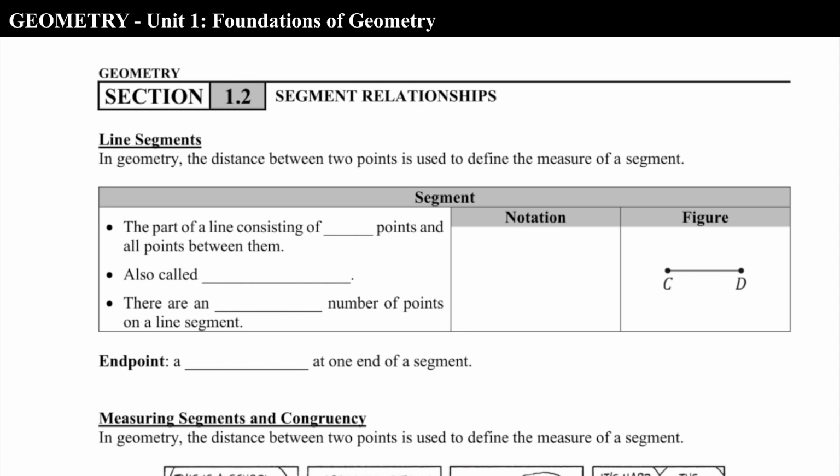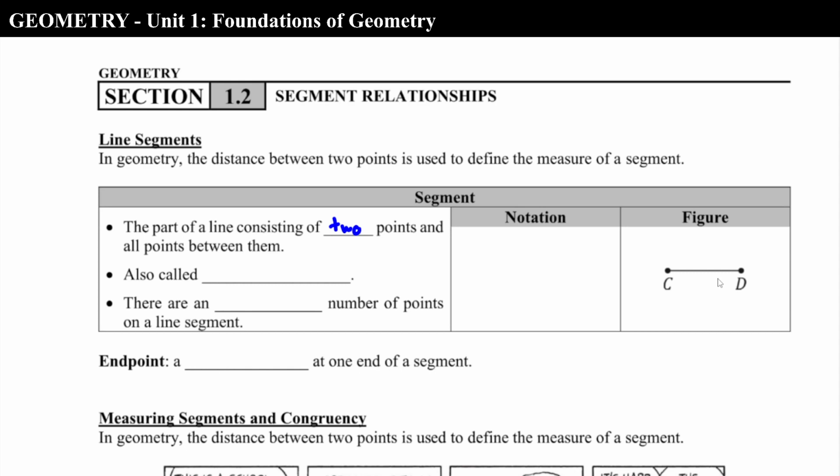It is a part of the line consisting of 2 points and all the points between them. So you see over here in the figure we have point C and point D, and we have a line in between them. This line does not go infinitely in both directions like a line does. This is a segment of a line, so it is finite.